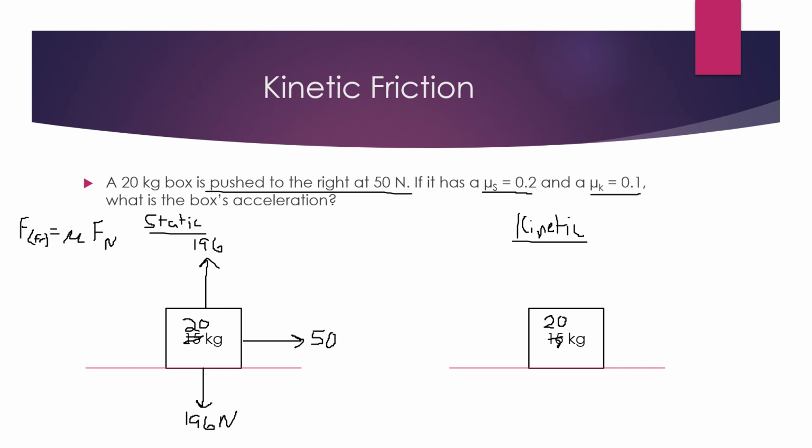So the static friction coefficient is 0.2. The normal force is 196. And I just multiply those together. What is 0.2 times 196? I hope you're doing this together and you'll realize that that's 39.2.